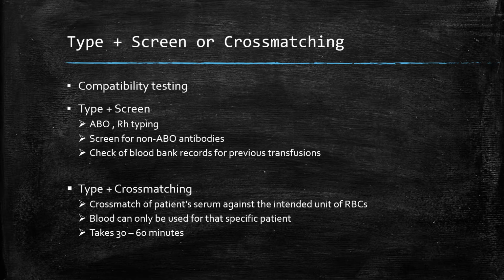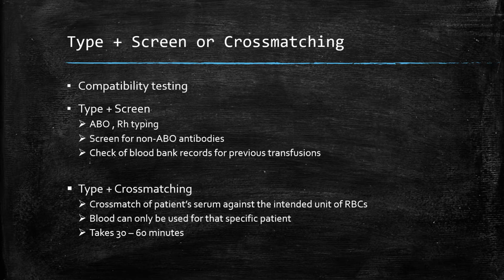It's important to note that when you order a type and cross match, what you're doing is figuratively taking blood off the shelf that can only be used for one specific patient. So you should only order a type and cross when it's highly likely that the patient will be transfused.